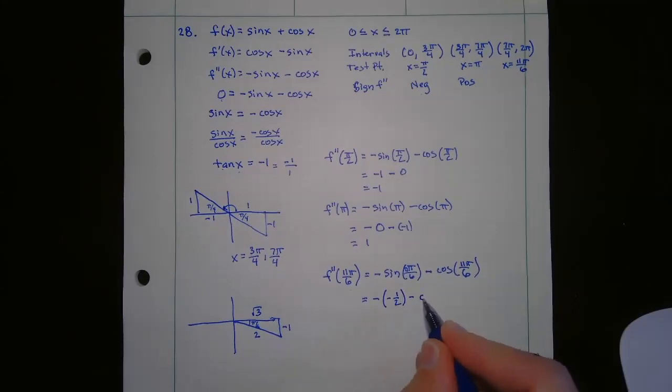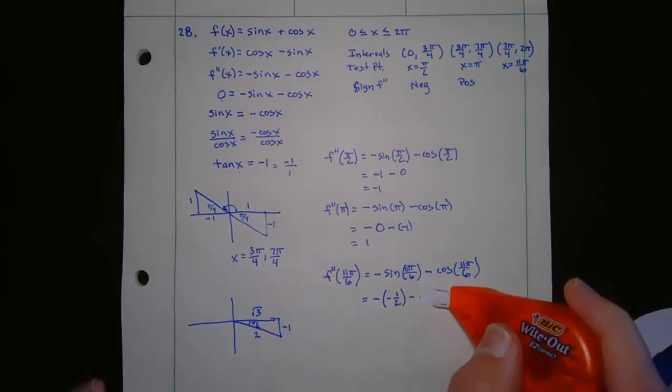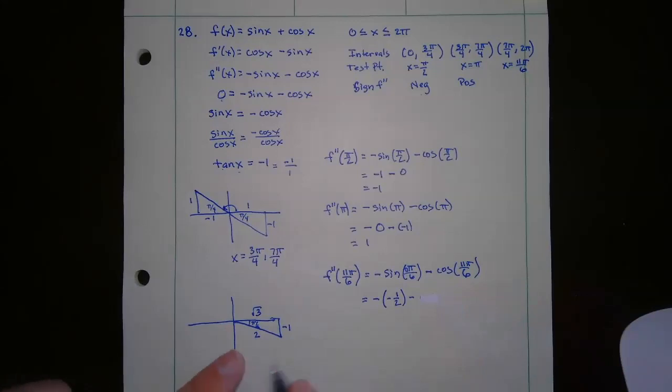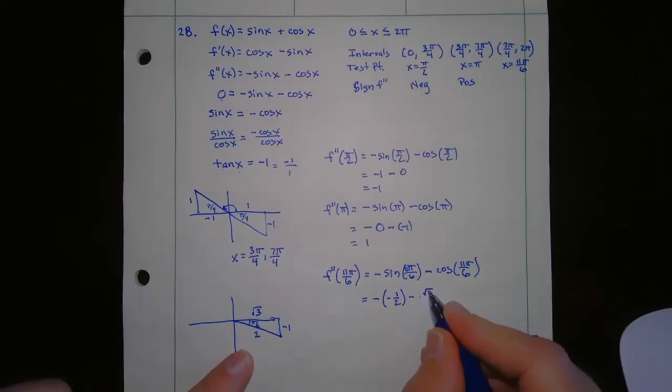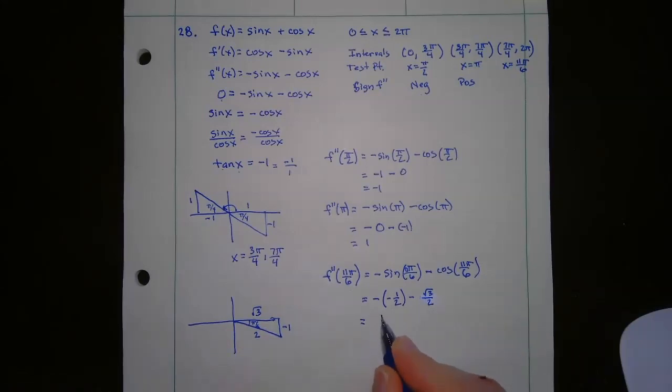And then minus cosine of 11 pi over 6, which is the square root of 3 over 2. So this is 1/2 minus the square root of 3 over 2, and so this is 1 minus the square root of 3 over 2.